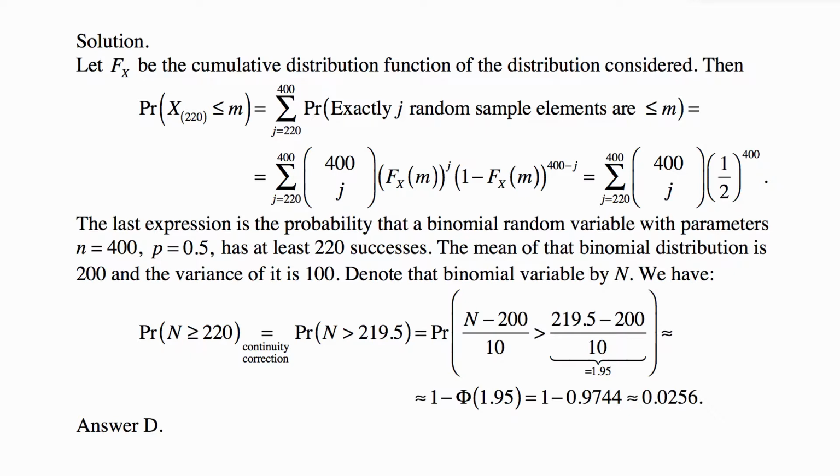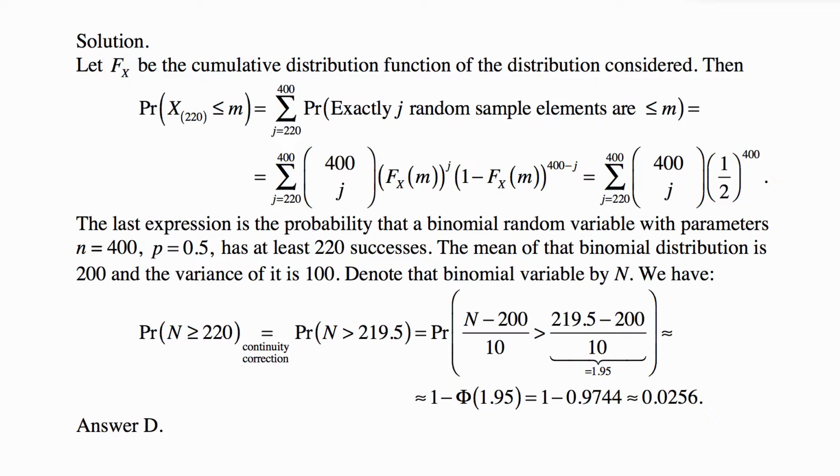The only thing that we must have is that the first 220 order statistics are less than or equal to m, because every single previous one has to be less than or equal to this one. That's why it's the sum from j equal to 220 to 400 of the probabilities that exactly j random sample elements are less than or equal to m. So it could be 220, 221, and so on. The higher ones can be less than or equal to m, no problem. The smaller ones cannot be greater than m.